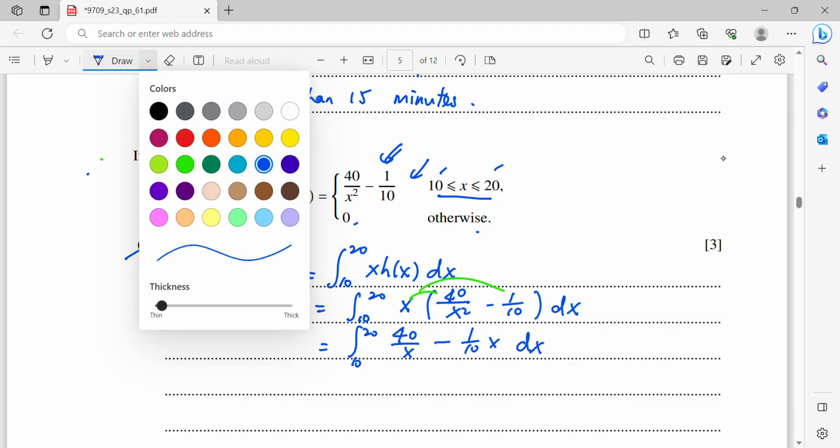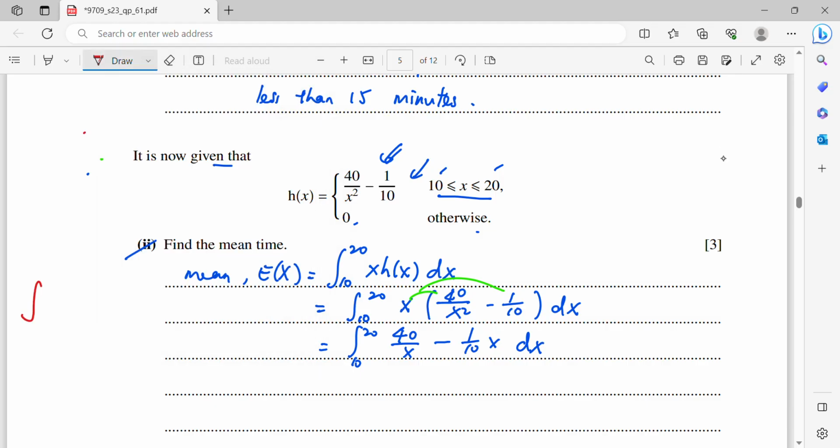So for the first integration, we know that the integral of 1 over x dx will be ln|x| plus c. So this modulus is to make sure that the x is positive. If you are sure that it is positive, then no need to write the modulus.